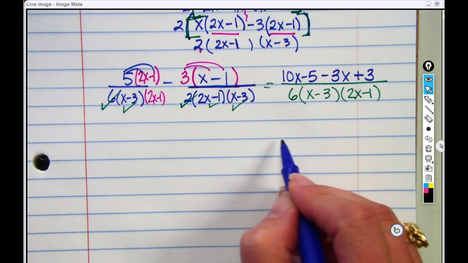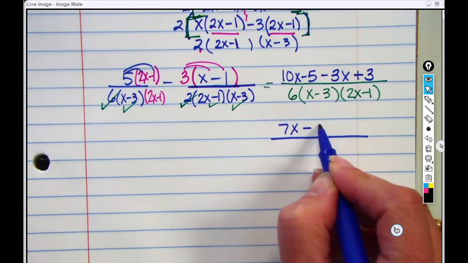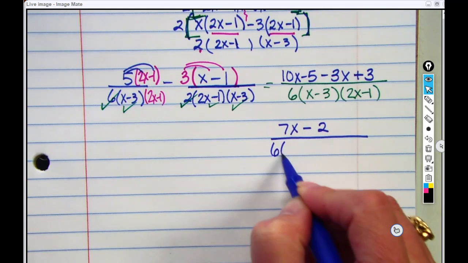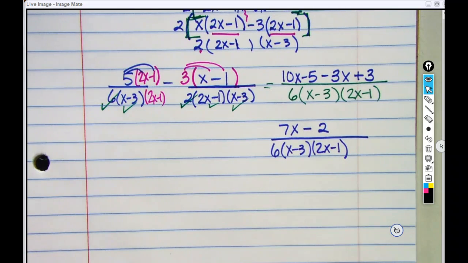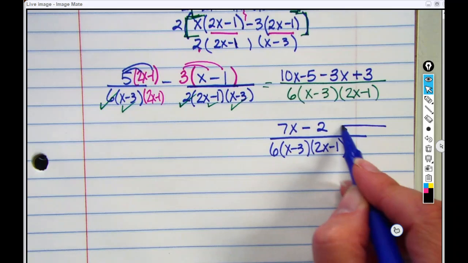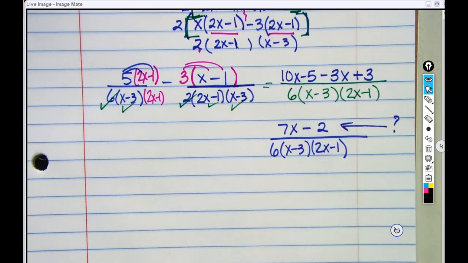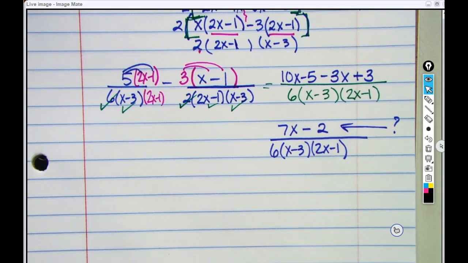So let's combine, and I've got 7x minus 2 over x minus 3 times 2x minus 1. You should always double check. Can I factor that numerator? I can't. But you should check, factor it if you can, to see if you've got common factors.